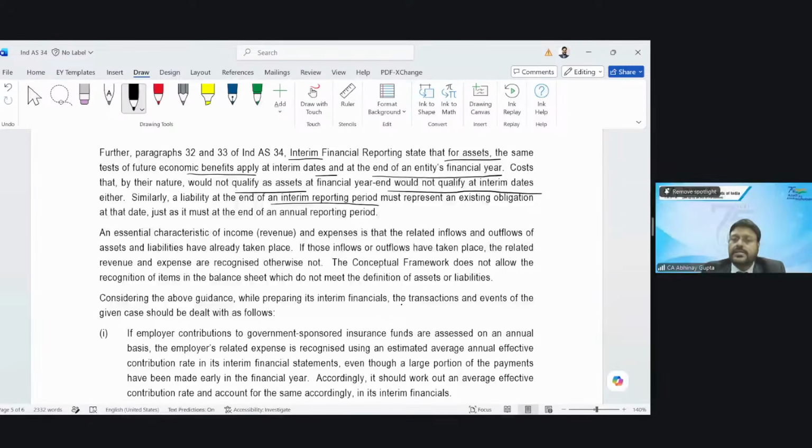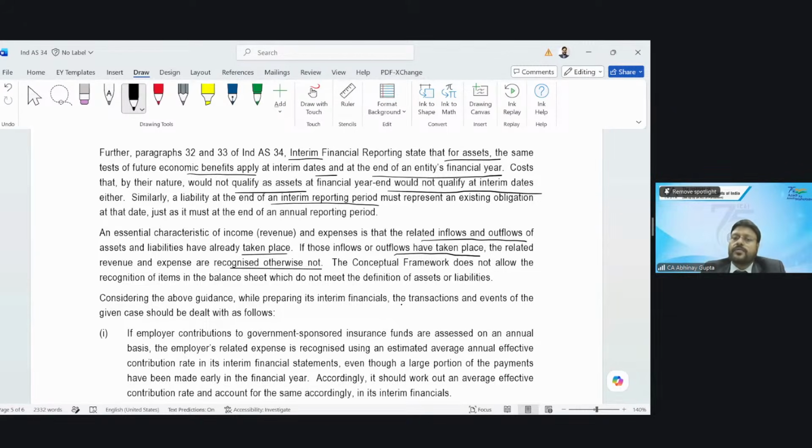Otherwise, it is not to be treated as a liability, right? Ind AS 37 says present obligation. So if you do not have a present obligation, a liability is not required to be recorded because the key is present obligation. The essential characteristic of income, revenue, and expenditure is that related inflows and outflows of assets and liabilities have already taken place. If those inflows or outflows have taken place, the related revenue and expenses are recognized, otherwise not.